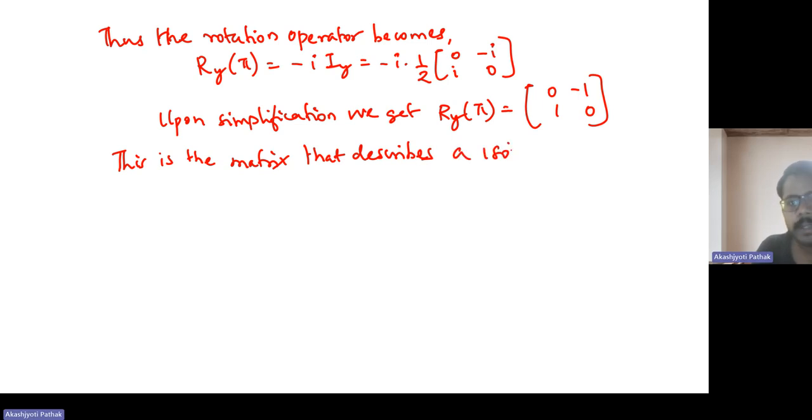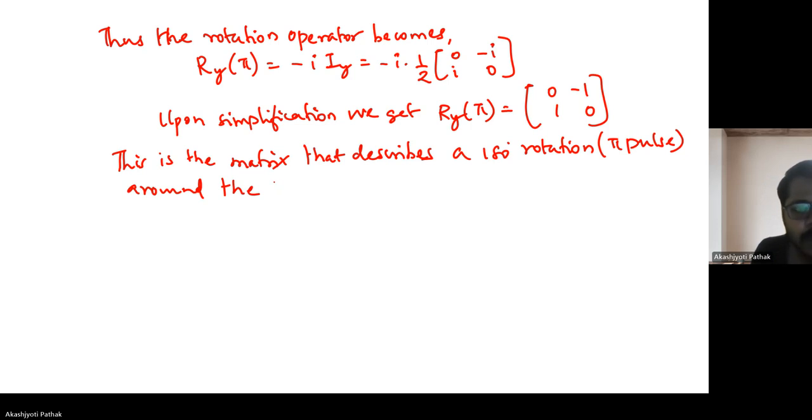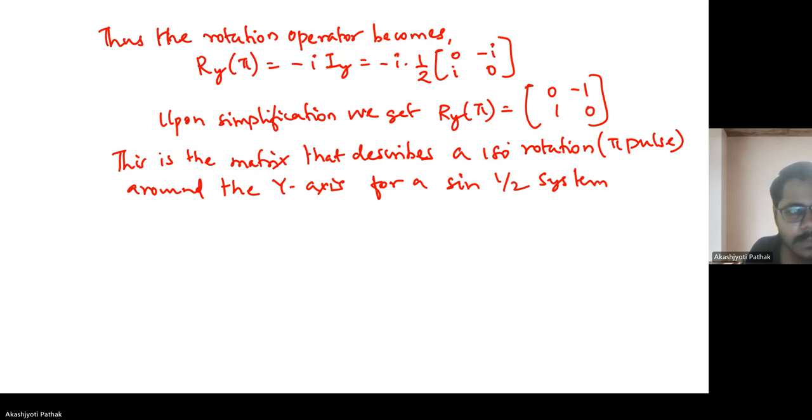Because of the π pulse, it describes a 180-degree rotation around the y-axis for a spin-half system.